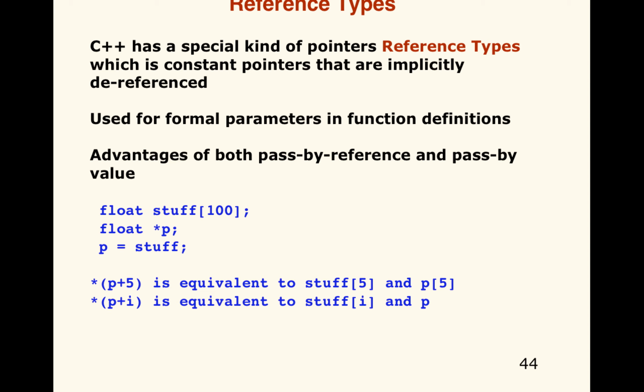If you're familiar with pointers, maybe you're familiar with the concept, and this is showing you the reference here, where P is equal to stuff. That's what they're calling a reference type. So I can send P to a function, and I don't have to worry about it. I'm passing it by reference if I do that. Or I can send what P is actually pointing to, and that's going to be a value.